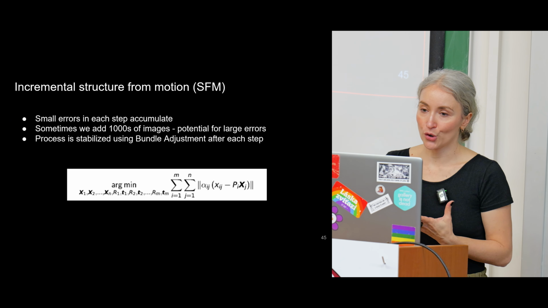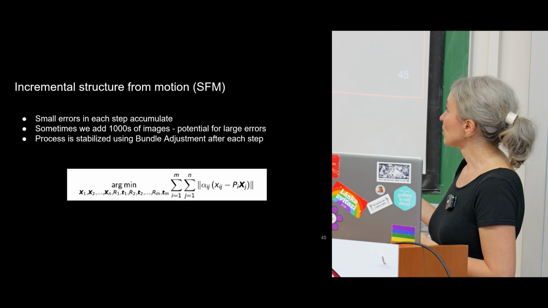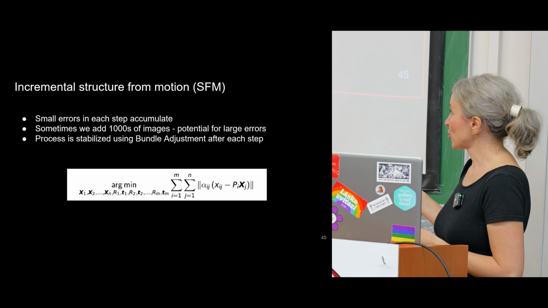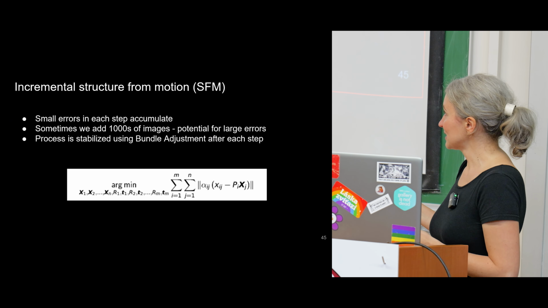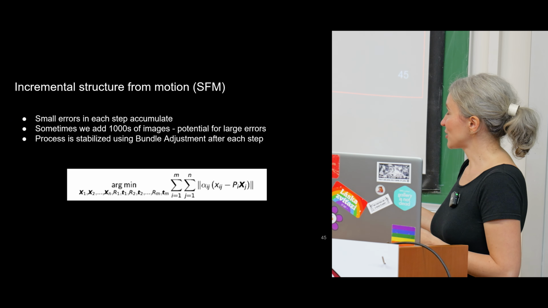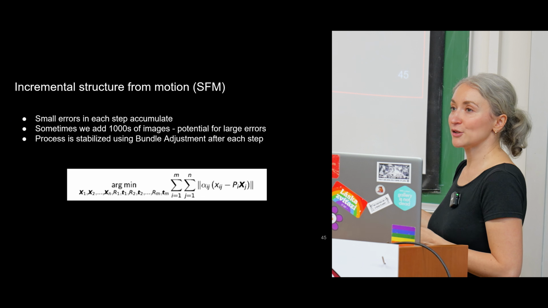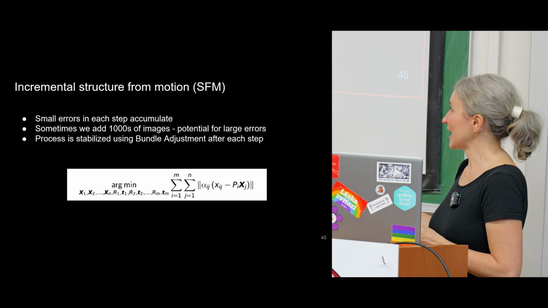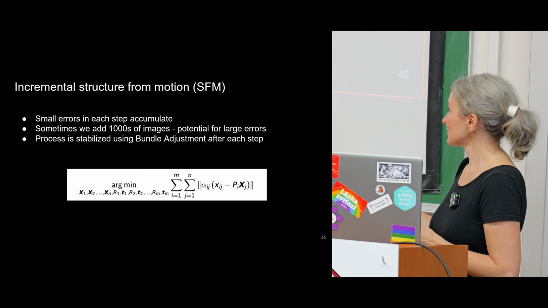So what we are going to do here is minimize the reprojection error. We have this 3D point, which is projected to this point in some camera. Not all points are visible in all cameras, so we can mark them as visible or invisible.